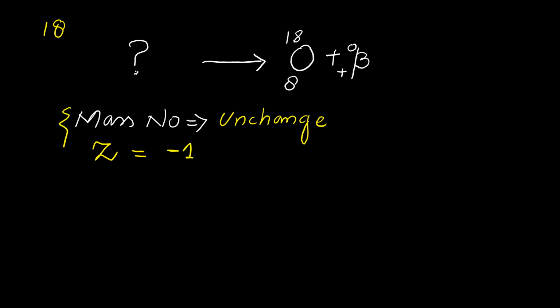So this means that the parent atom will have atomic number 9. So now we need to check a periodic table for the element having atomic number 9. So we can easily find that it is fluorine having atomic number 9. So this means that a parent fluorine atom is converted into a daughter oxygen isotope, and it releases positron radiation.